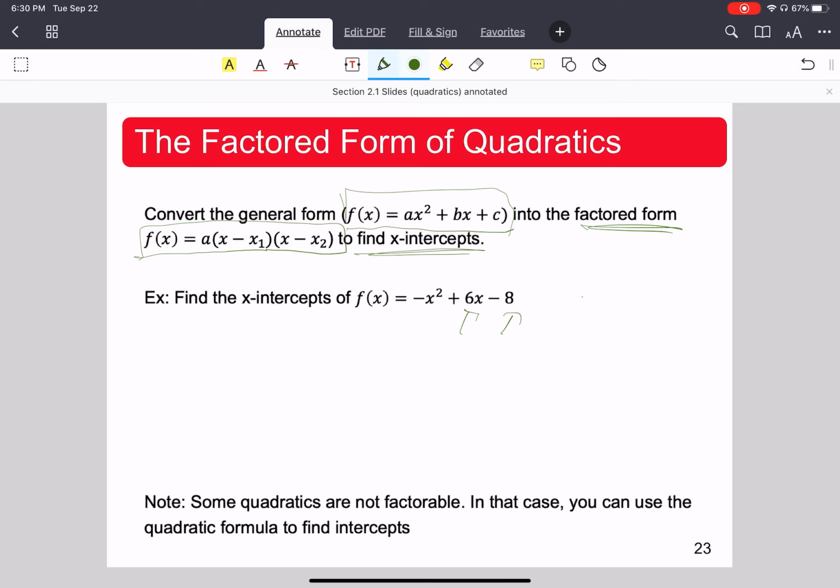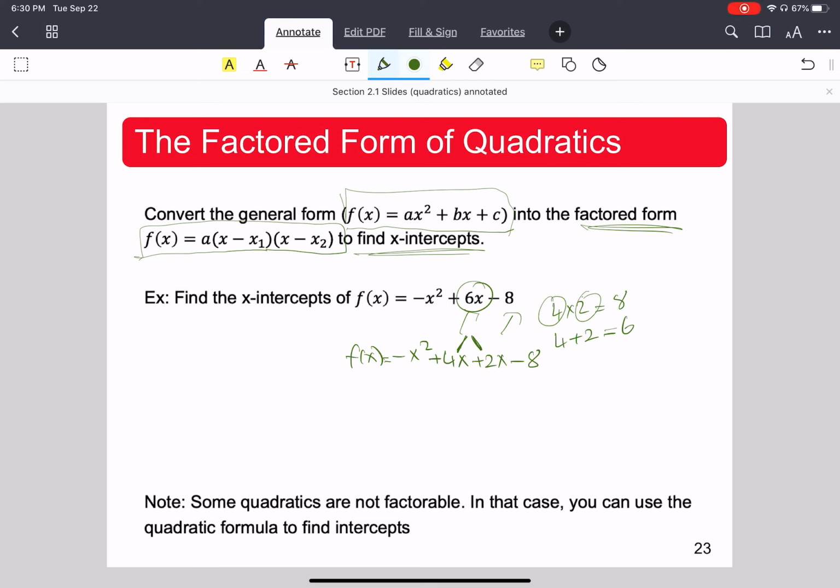So that's going to be 4 and 2, because 4 times 2 is 8 and 4 plus 2 is 6. So 4 and 2 are the two integers that we're going to need. And then using those two integers, I'm going to split the b term, the middle term. So I'm going to say negative x squared plus 4x plus 2x minus 8. So that is the same thing as my function.